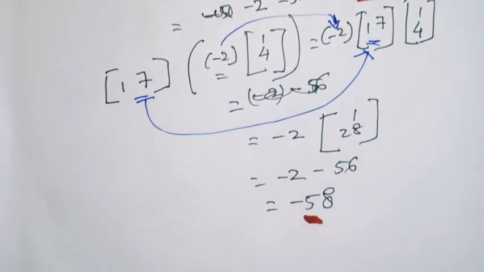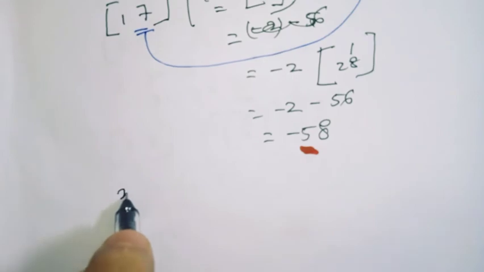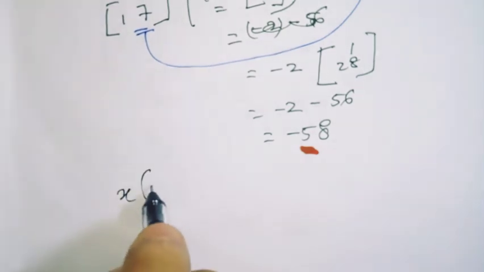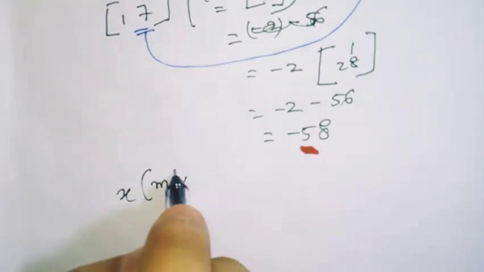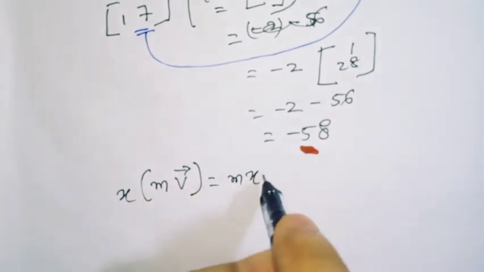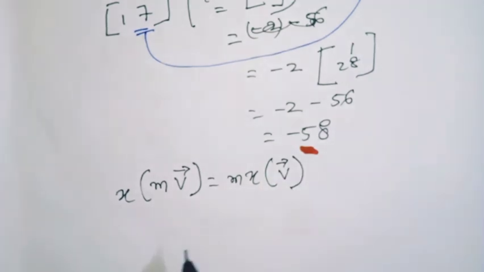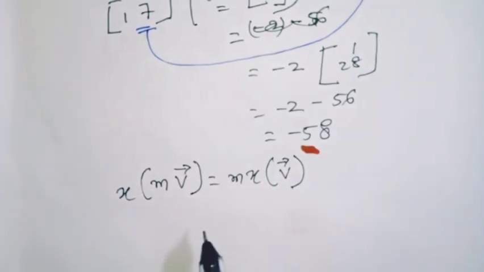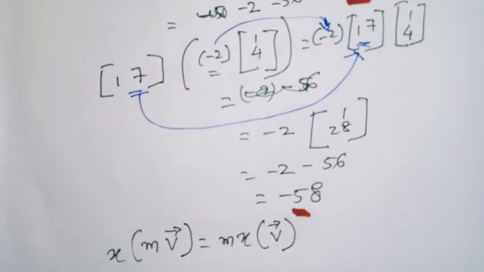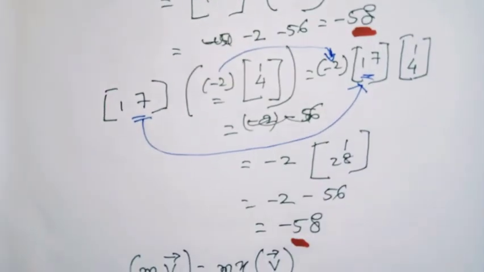So from here what we can do is that we can write, say for example, x, okay, I take a value, say for example m, and vector v, equals the same like mx v, right? So in this case we can scale the input or scale the output, and we get the same values, -58 and -58.